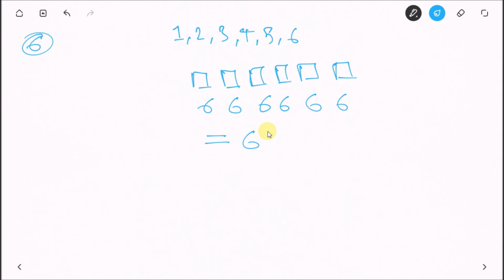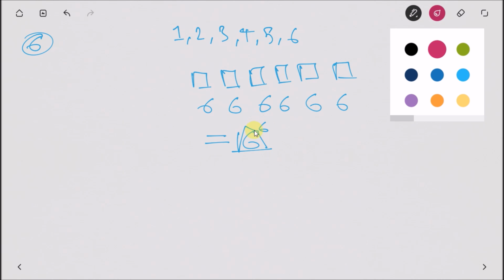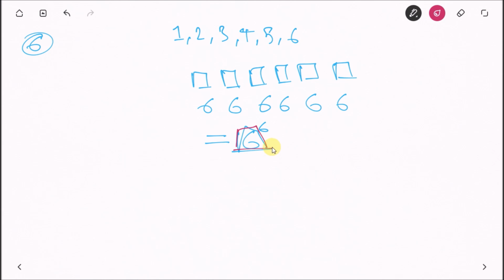Here you have the number of options, and here you have the number of brackets or number of experiments.